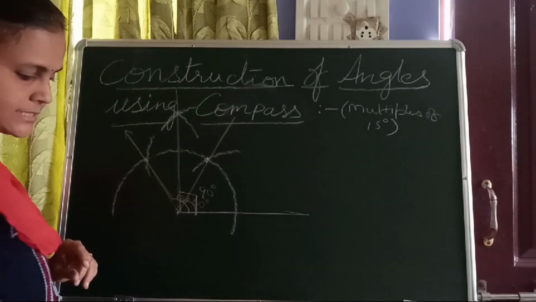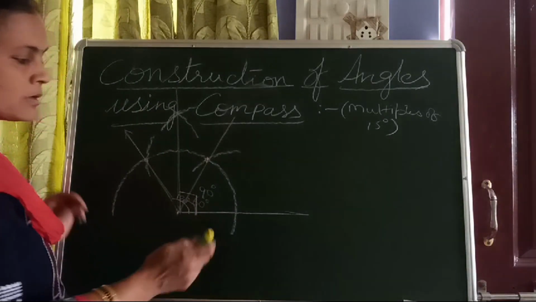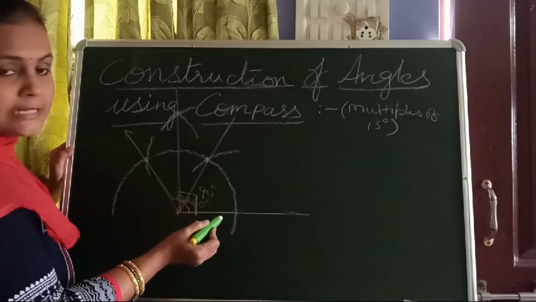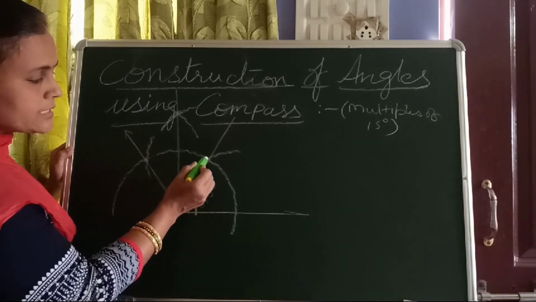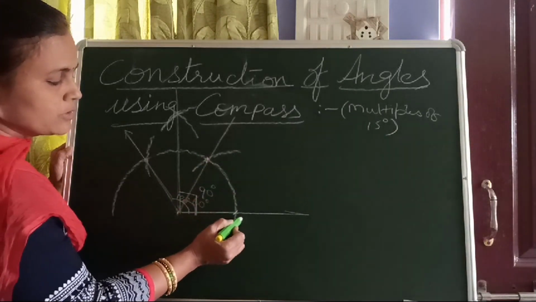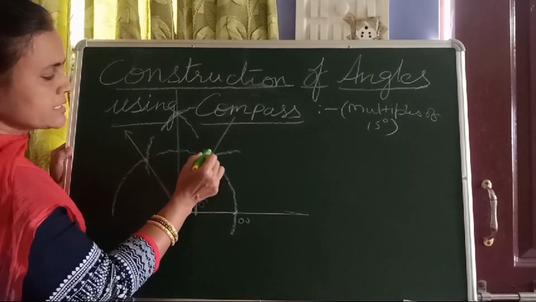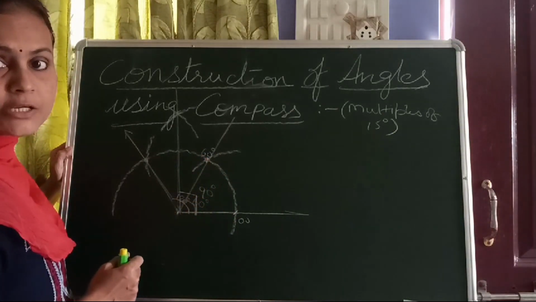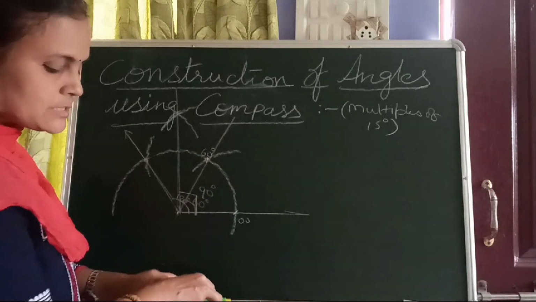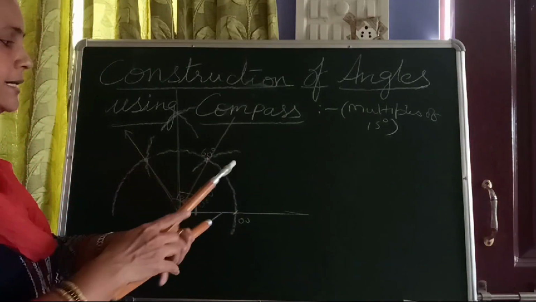Now how to construct 30 degrees? 30 degrees obviously lies between 0 and 60 degrees, exactly in the middle. So let us bisect the gap between 0 and 60.